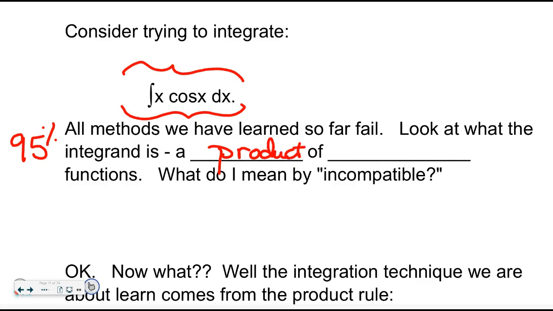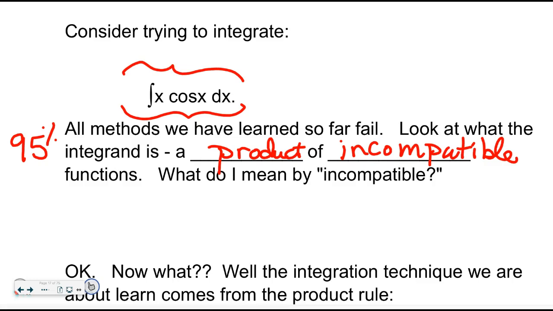So the integrand is a product of what I call incompatible functions. Now that's my terminology. If you Google integration by parts, it won't say anything about incompatible functions, but that's what I'm going to call a trigger. That's where when you see it, you're going to be like, oh, maybe this is by parts. Maybe not, but it's a big trigger.